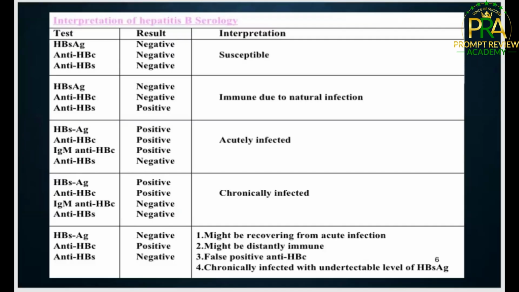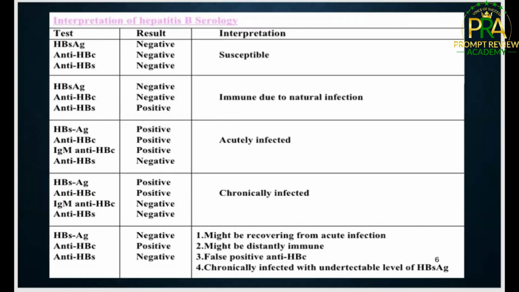If IgM is negative, it shows that the patient is not showing any symptoms at that moment. But the antigen, anytime the antigen is present, it shows that that person has some kind of hepatitis infection in their body. So they may be exposed. That one is chronically infected.